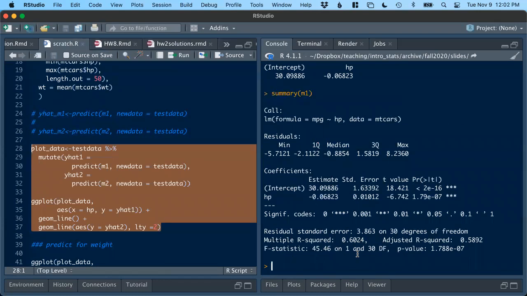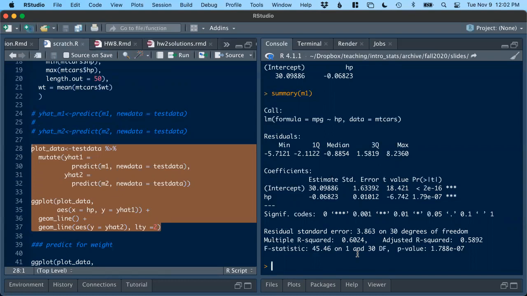We have the distribution of the residuals. The residuals, again, are the errors. So the largest error on the negative side of the data is minus 5.7. The largest error on the positive side is 8. That doesn't really tell us much right now. We can kind of ignore this. Here's our coefficients, right? In that first column are these 2 values, the estimate. So that's what we're looking at for now.